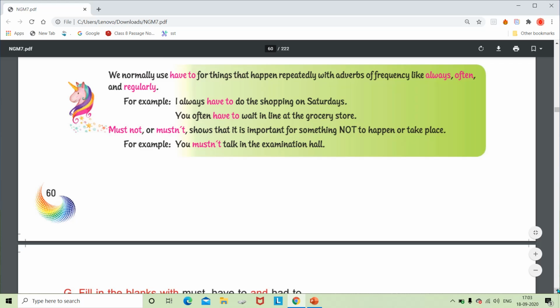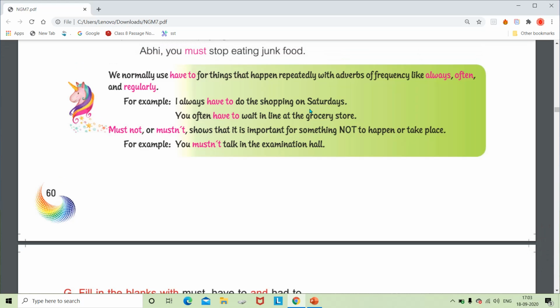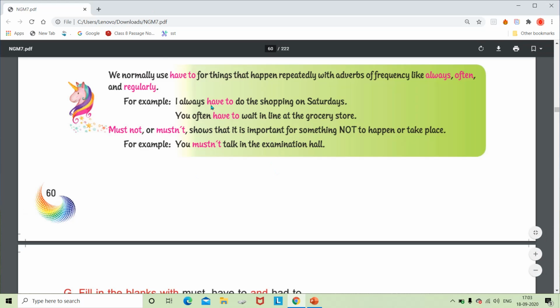And we normally use have to for things that happen repeatedly, with adverbs of frequency like always, often and regularly. Like I always have to do this, because it is a type of complaint, which means we are fixed in this situation, that I always have to do the shopping on Saturdays. I cannot escape from this situation. It is compulsion.